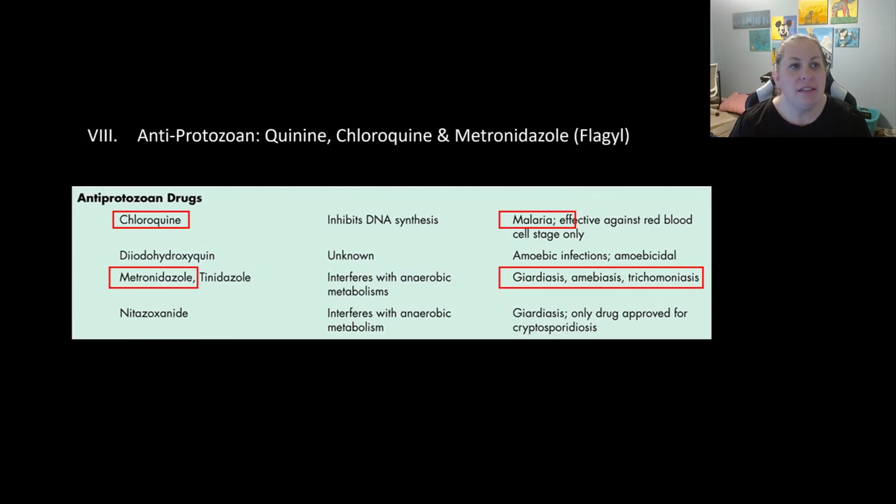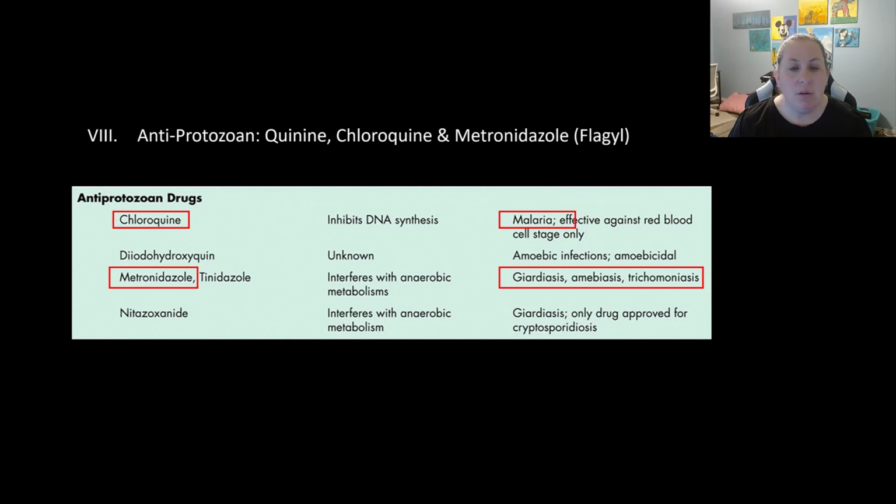The next one are the antiprotozoans. This particular group, remember, protozoans are kind of animal-like. They are going to be found a lot of times in contaminated water and things like that. But we have chloroquine, which is going to be one of the best ones we use for malaria. Malaria is carried by mosquitoes. And when mosquitoes bite, they can inject the malaria, and the malaria is going to affect your blood.